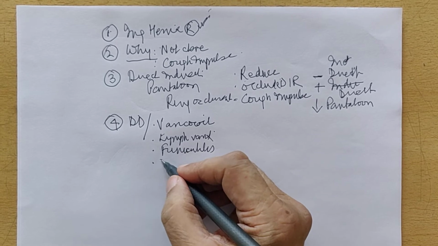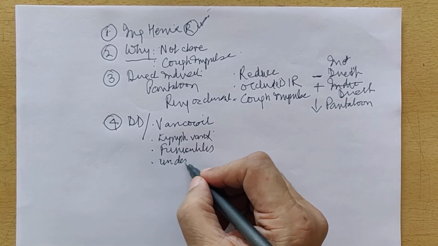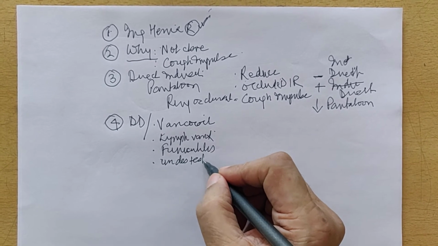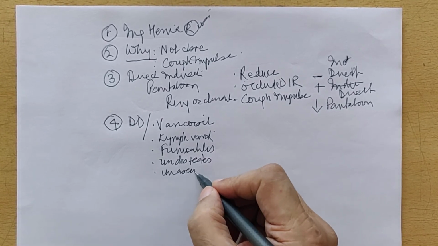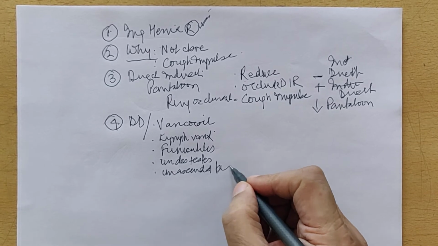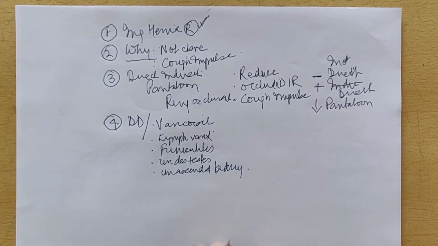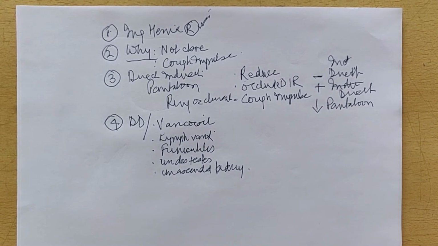It can be an undescended testis. It can be an unascended kidney. So these are some of the possibilities.